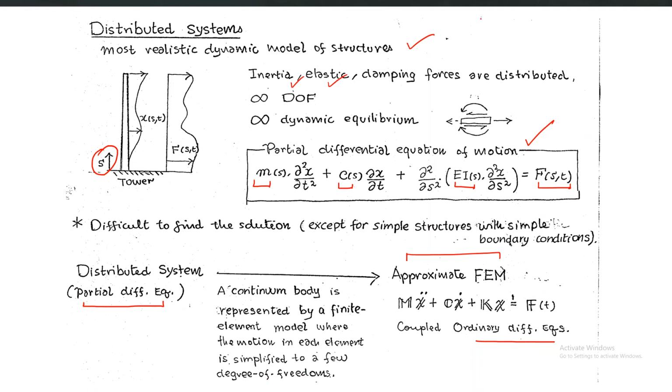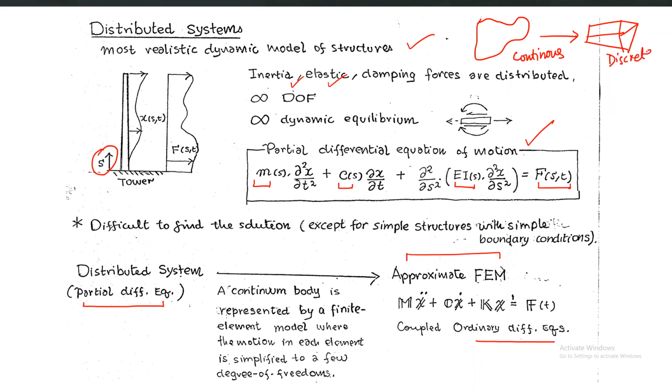So if you have a very complex looking continuous structure, you just replace it or model it using some simple two-dimensional or three-dimensional elements or any geometry you can capture. So this is your continuous model, and this is your discrete model.